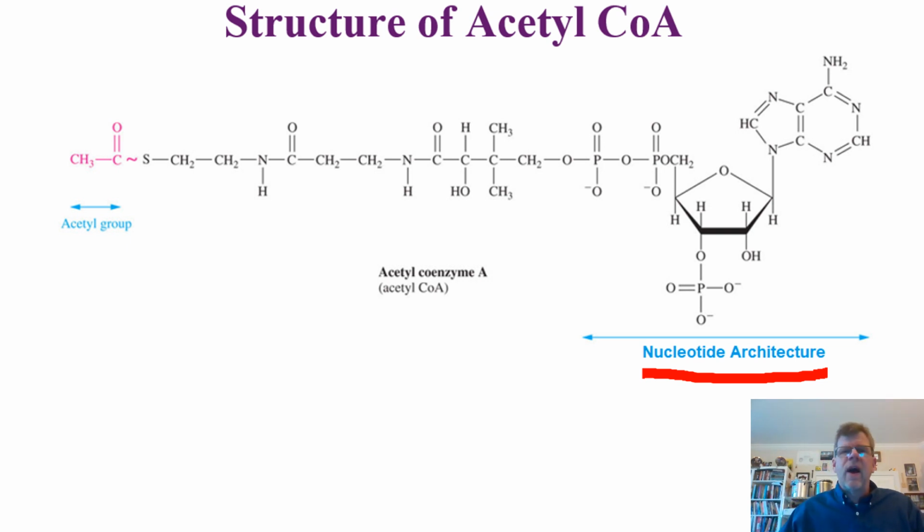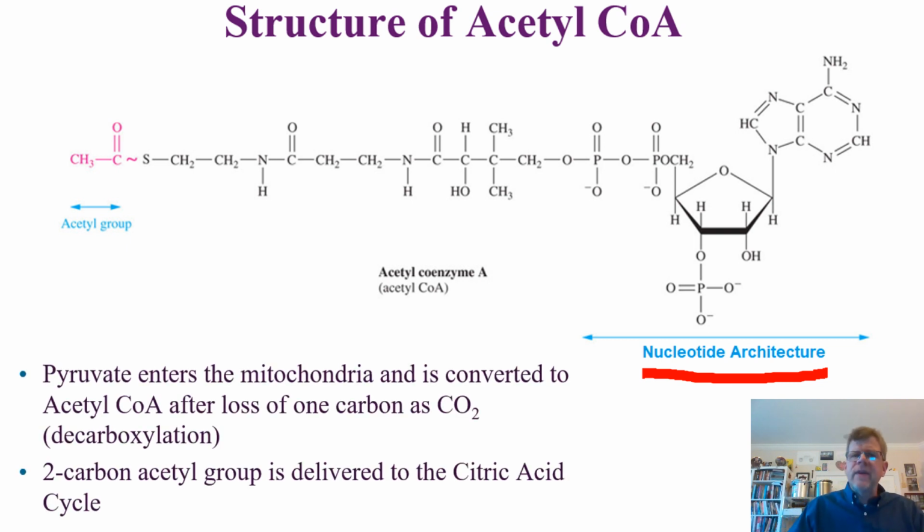Now we see nucleotide structure in a type of shuttle, and that is in the form of coenzyme A. We see these nucleotide structures appearing over and over. Now, again, the actual task of coenzyme A is that it covalently binds to our acetyl group here, and it enters the mitochondria.